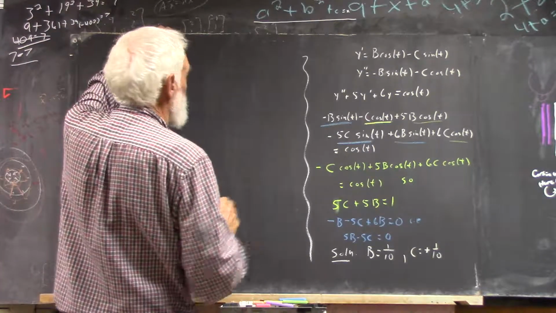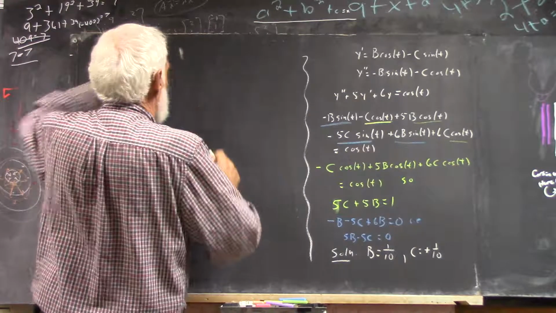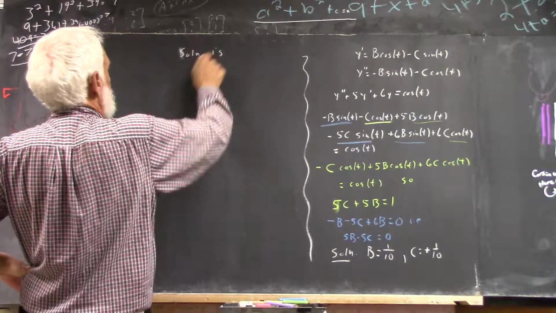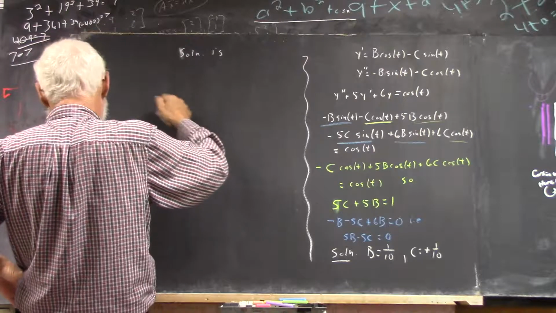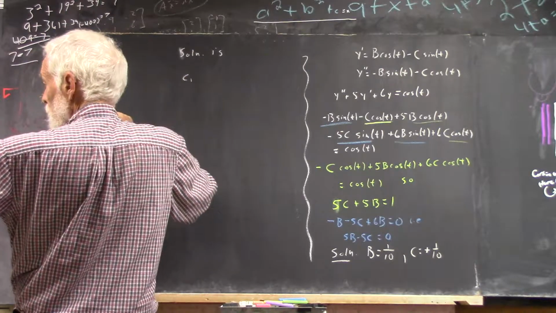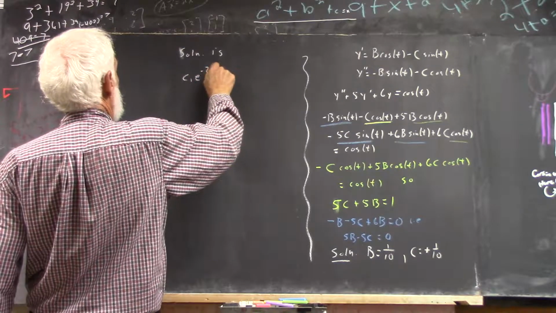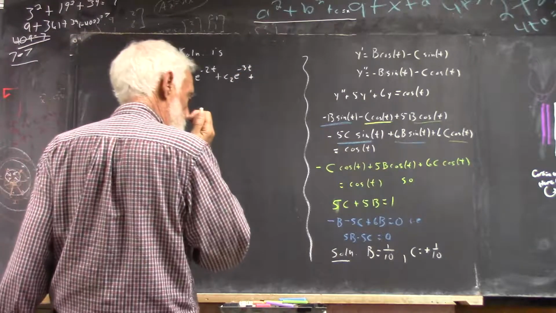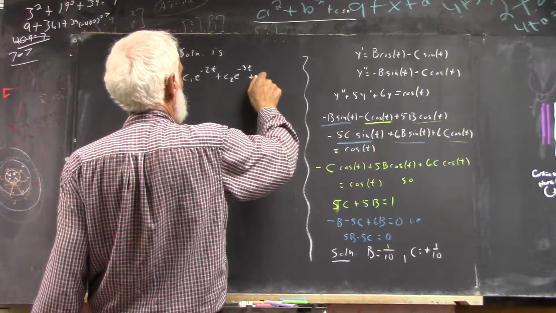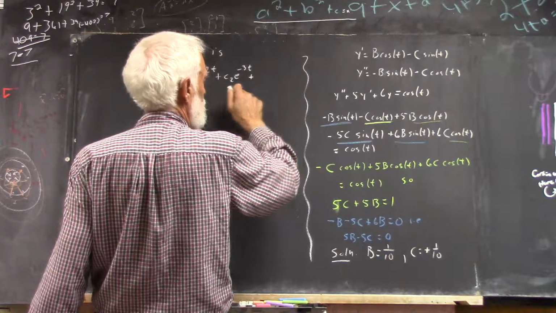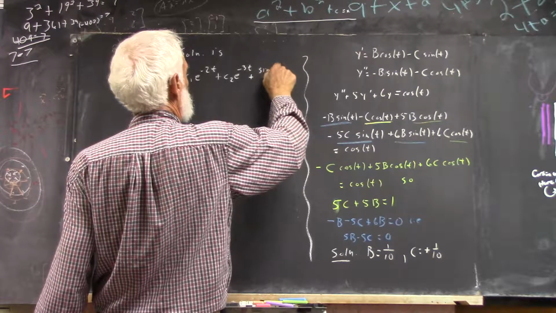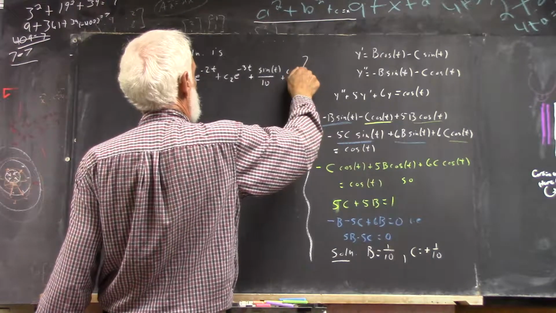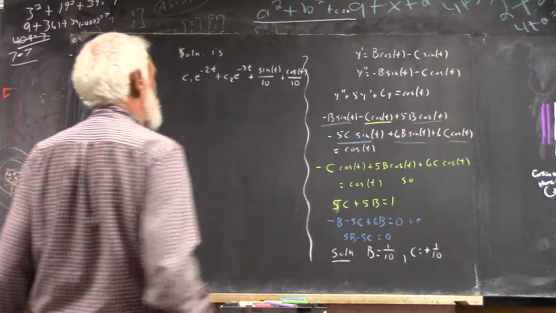Okay, so this equation has solution C1 e to the negative 2t plus sine of t over 10 plus cosine of t over 10.